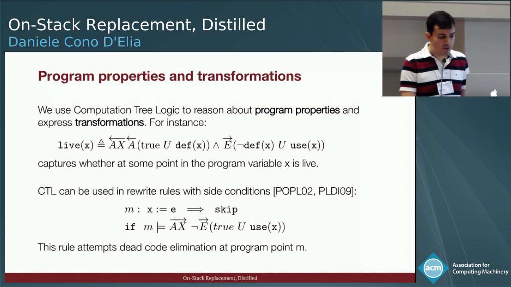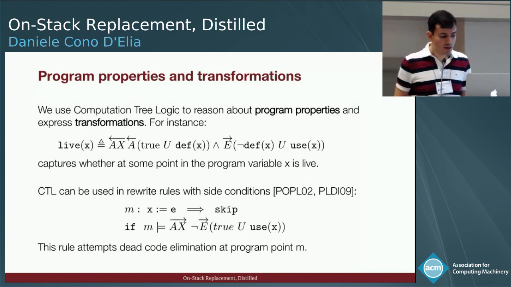And in particular, we reason over this language by using computation tree logic, which has been explored in previous research to both reason about program properties, but also to express program transformations. For instance, here there's a definition of the liveness of a variable in terms of all the backward and future execution paths through some statement, or you can write a simple dead code elimination rule.